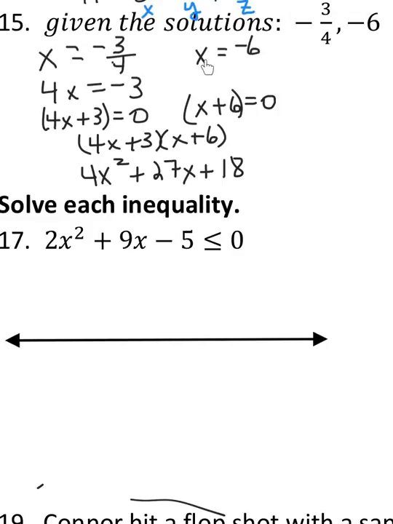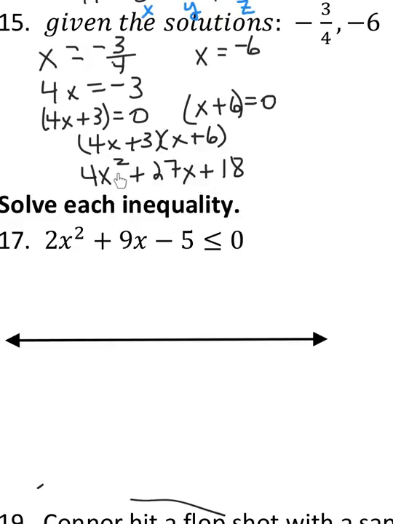Then I'm going to do the x. Well, this one's easy because all I have to do is add 6. So x plus 6 equals 0. So now I have my 2 factors, and I take my 2 factors and I multiply them together. I can FOIL or use the box method, whichever one that you prefer, doesn't matter. And when I multiply those together, I get 4x squared plus 27x plus 18.